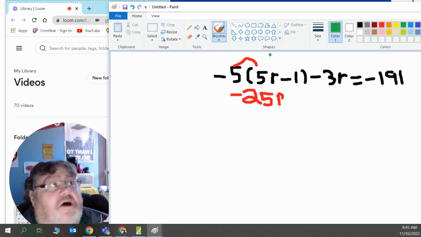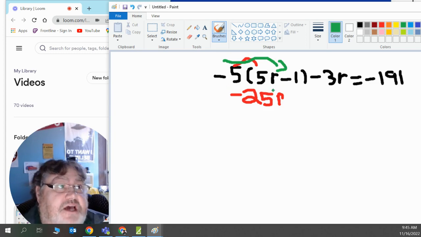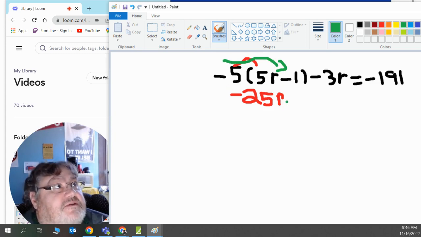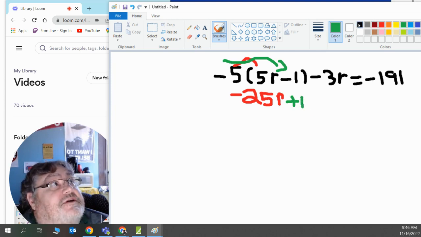Okay. Then I'll multiply negative 5 times negative 1. A negative times a negative, like signs in multiplication will give me a positive answer, and that will give me positive 1. Now notice my parentheses is now going to disappear because I've used them.